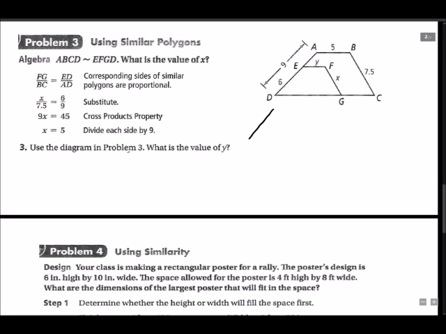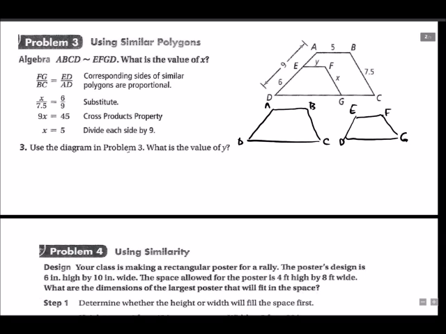So ABCD is similar to EFGD. And I'm going to label my corresponding sides here. So how long is AD?